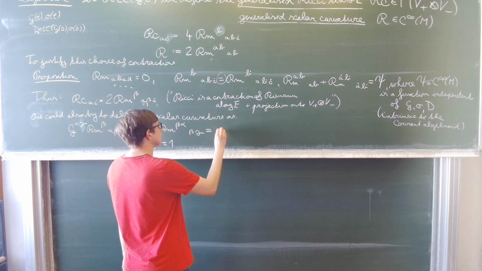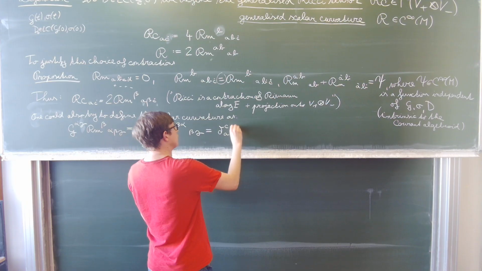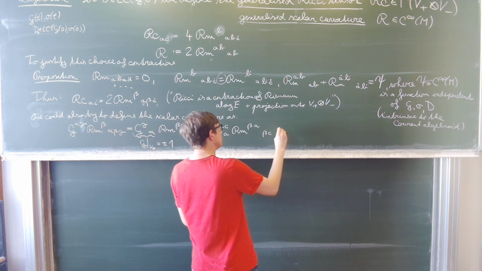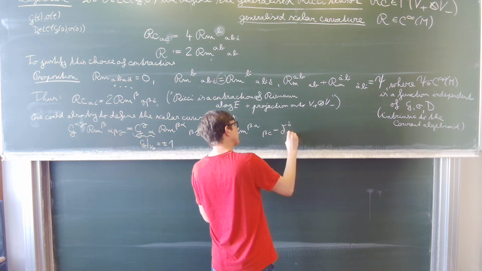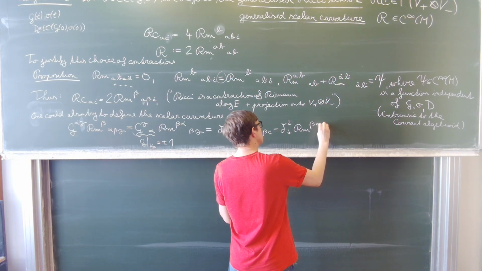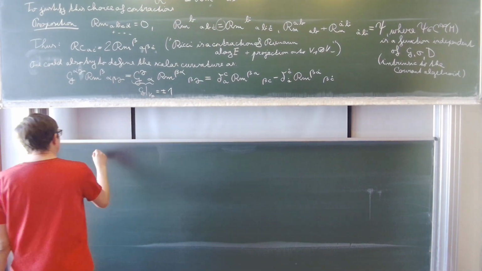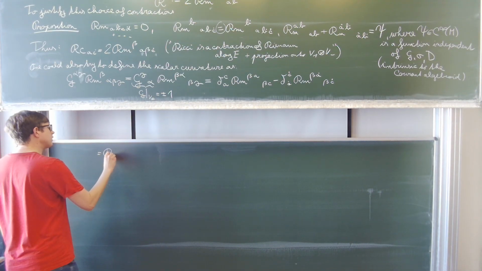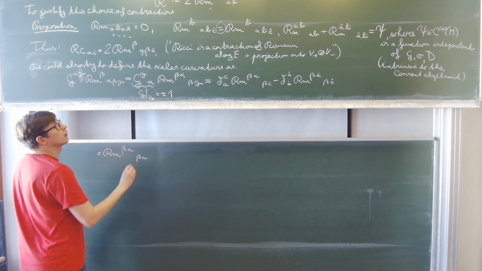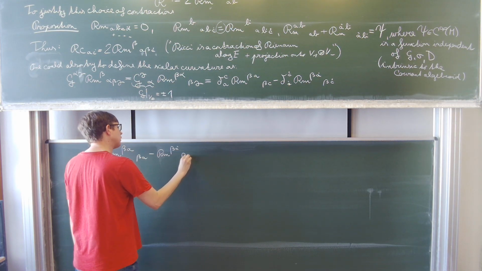So, what does this mean? It means that Riemann, beta A, beta C, while it behaves as minus Kronecker delta on V minus. So, if I sum over, this is really Riemann beta A minus Riemann beta A dot.